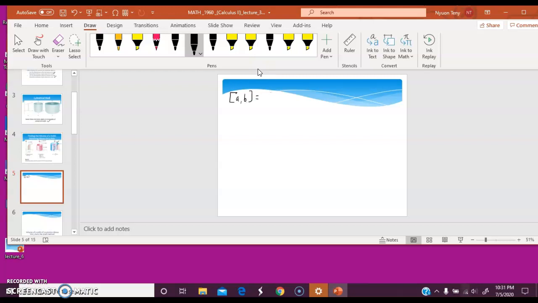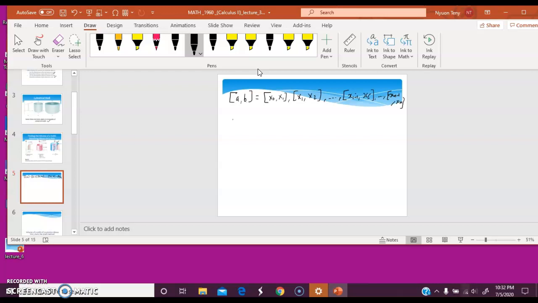We partition the region into subintervals: x0 to x1, x1 to x2, and then in the middle a subinterval x(i-1) to x(i), and at the end the subinterval x(n-1) to x(n).